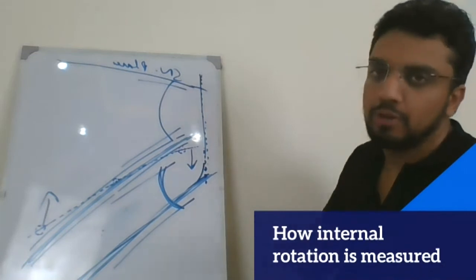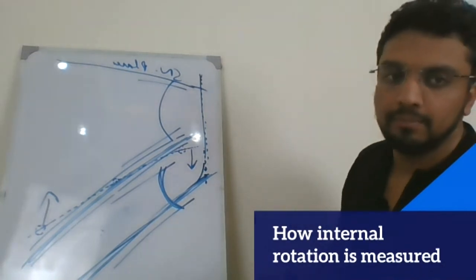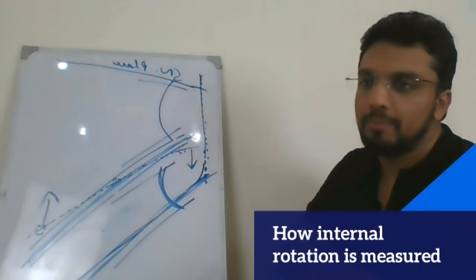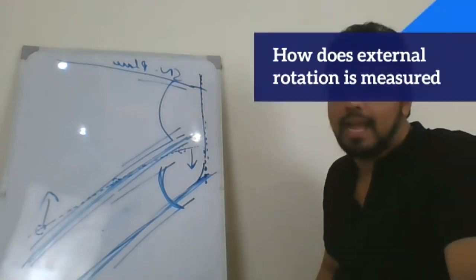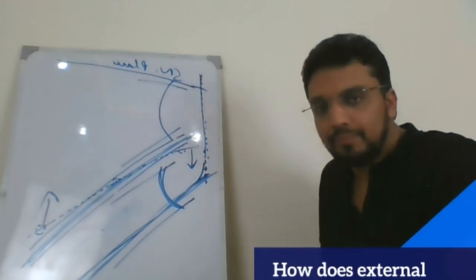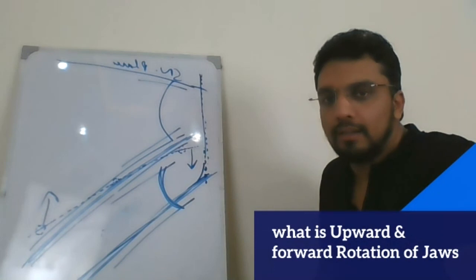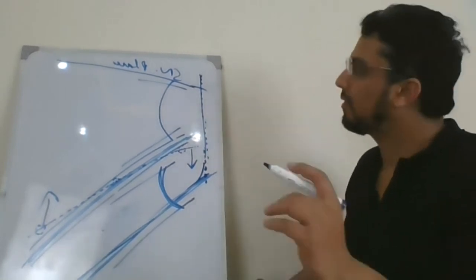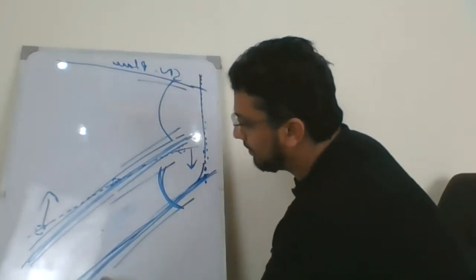Now coming to the total rotation. Total rotation is actually the total outcome, in the form of the outcome after the cancellation of the internal rotation by the external rotation. And this will be measured from the ascent plane to the lower border of the mandible.